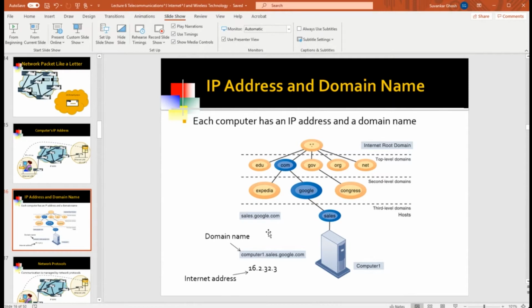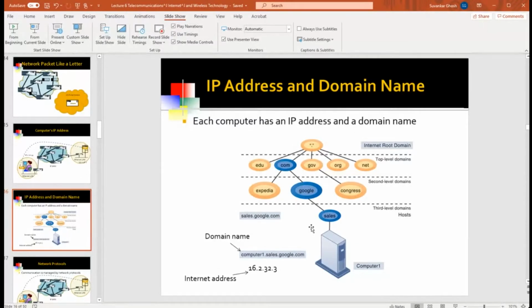Since the user simply deals with domain names, there are also, as part of the functioning of the network, what are known as domain name servers. These domain name servers translate the domain name, which the user knows, into the IP address, which the user does not know and does not care to know.